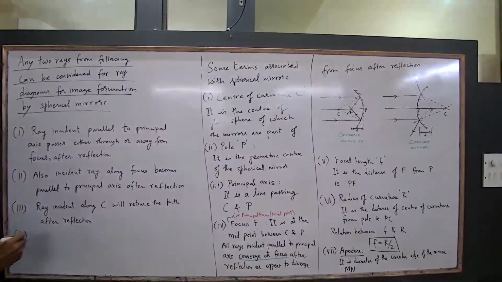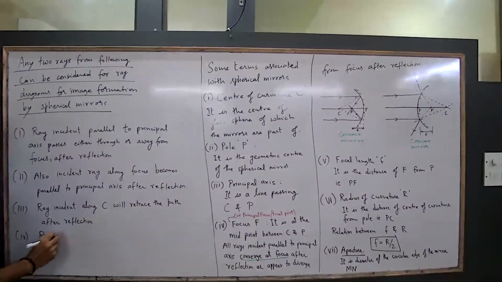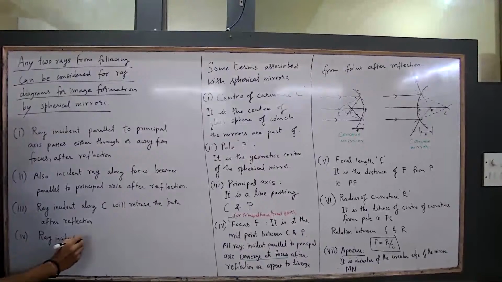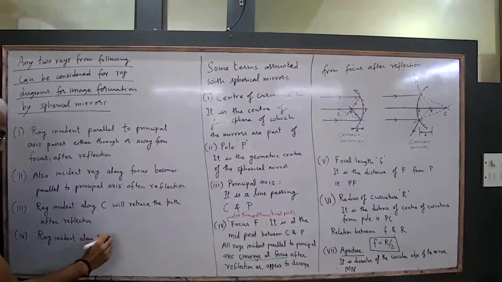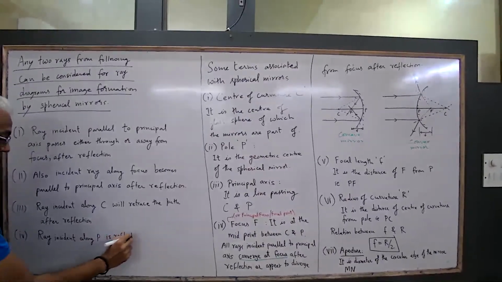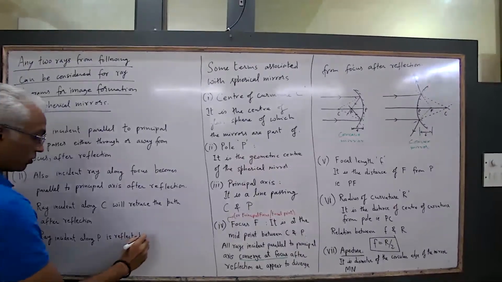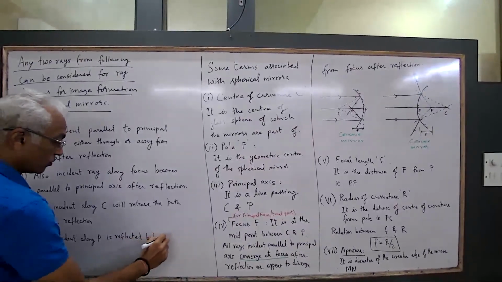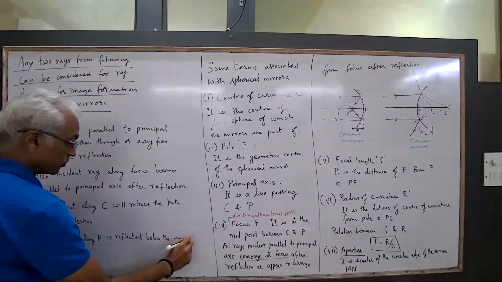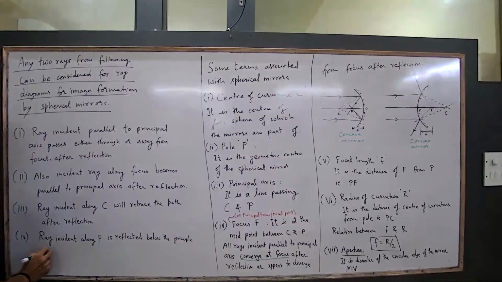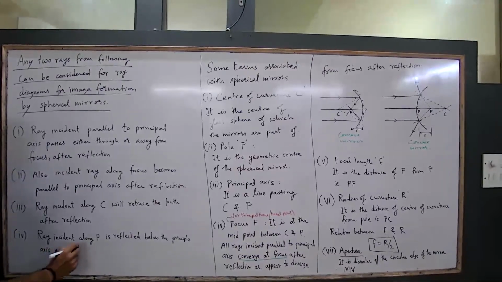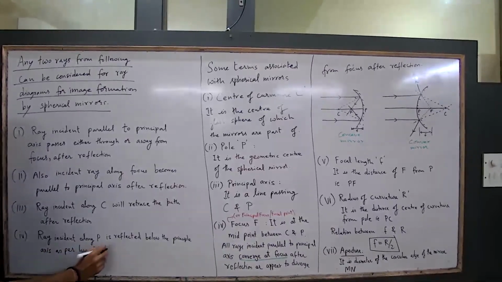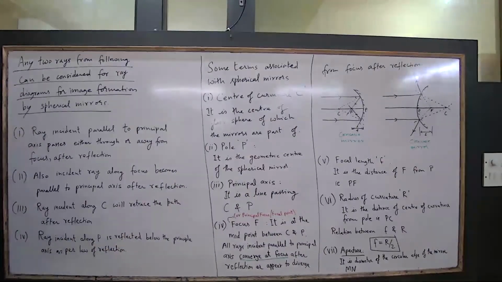So a ray incident at P is reflected below the principal axis, as per law of reflection. Theek hai na?